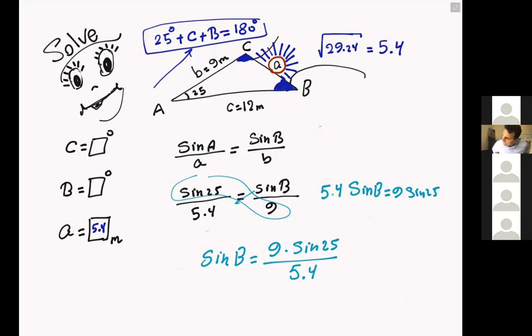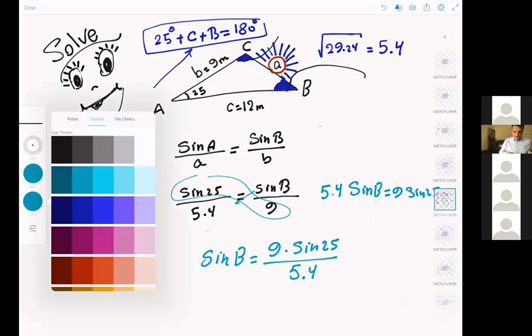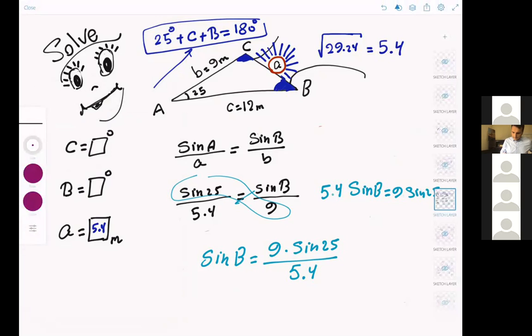Would it be inverse of sine? Excellent. Very nice. So here what we have is sine of B. We are not looking for sine of B, we are looking for B. So first step is we need to calculate this.